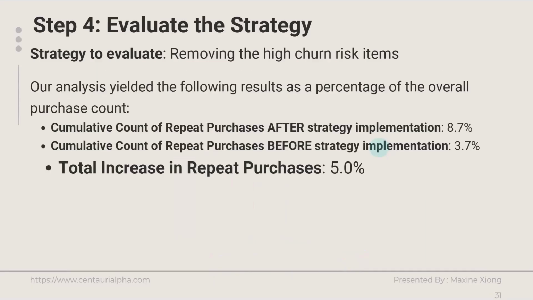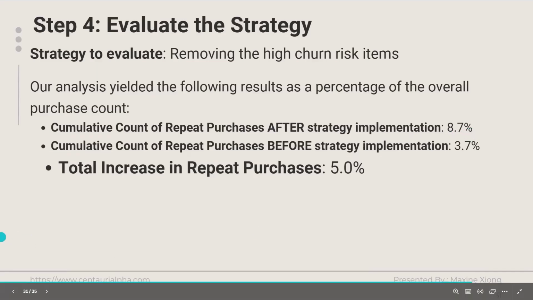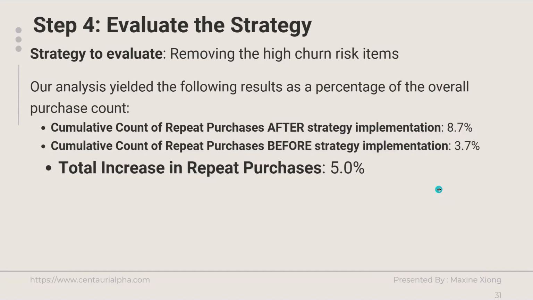So below are the analysis results we got. Before strategy implementation, the cumulative count of repeat purchases accounts for 3.7% of overall purchase count. But after implementing the strategy, it accounts for 8.7% of overall purchase count. Therefore, we estimate that removing high churn risk items could potentially generate additional repeat purchases that account for 5% of the overall purchase count.